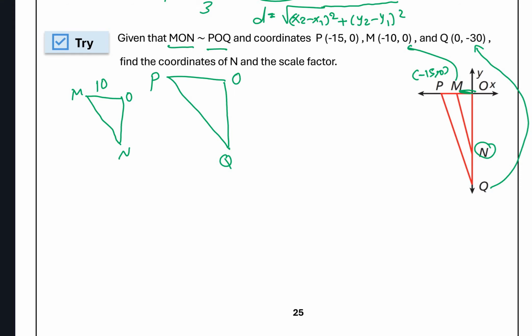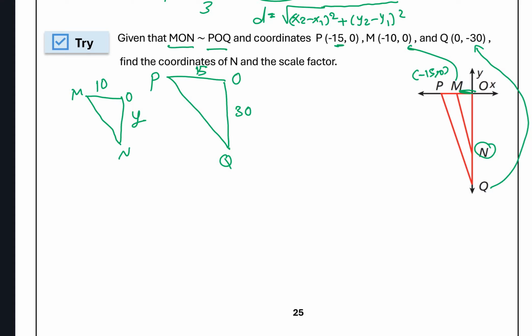From O to P is negative 15. That's why we can say directly 15 without negative, okay? How about from O to Q? It's negative 30, so we can write directly 30. How about from O to N, which is our value? We can say Y or X or any unknown variable that you can use.